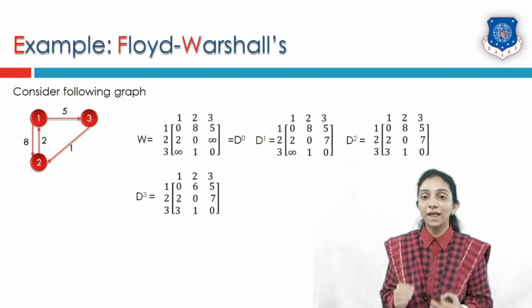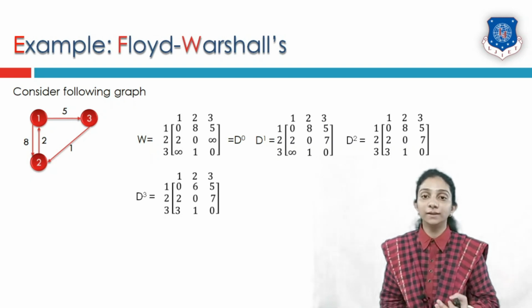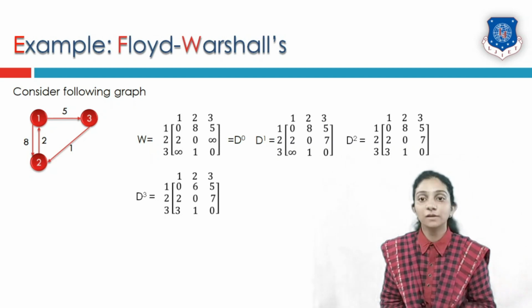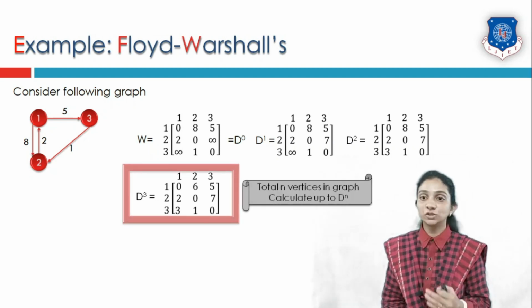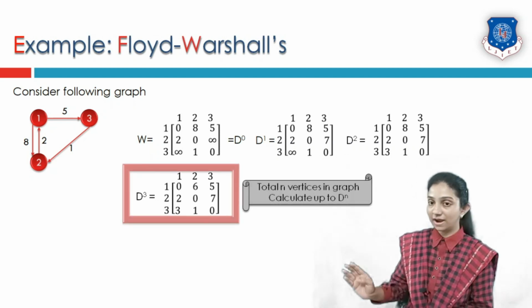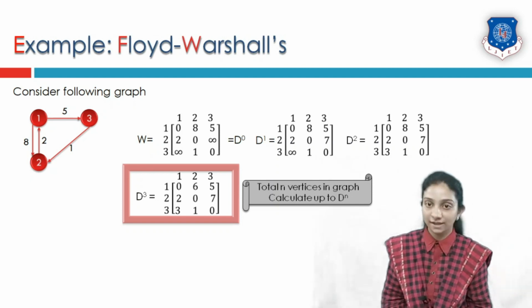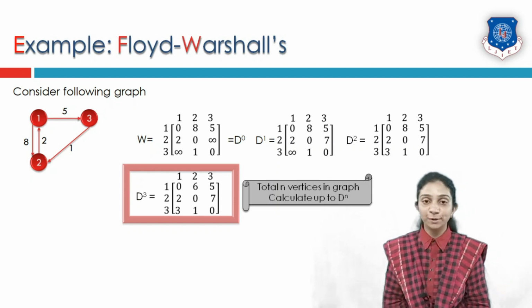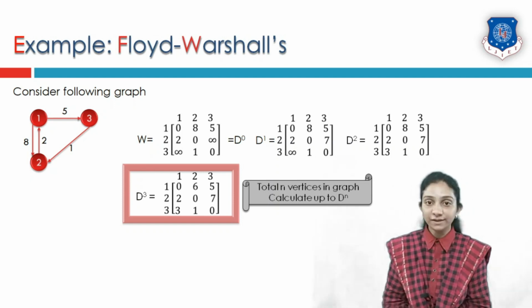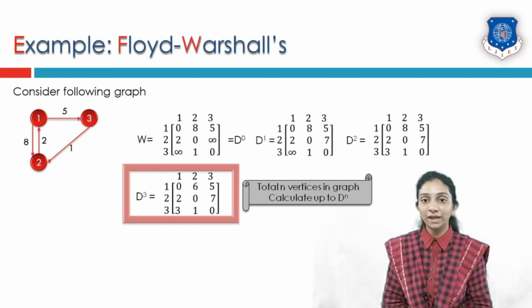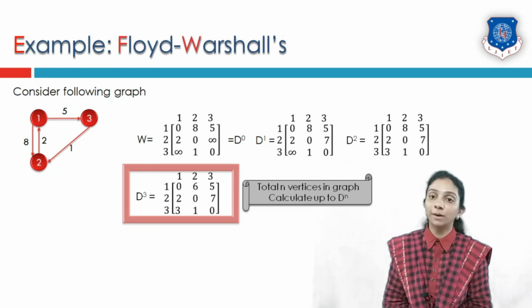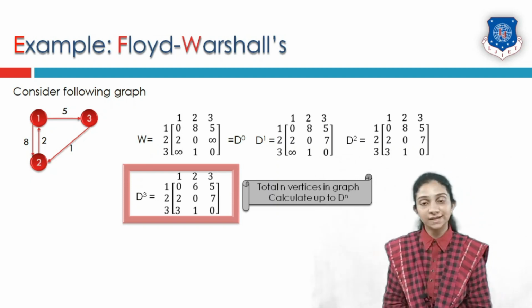Now up to what level we have to calculate these distance matrices? So answer is, if there are total n vertices in a graph, we have to calculate distance matrix up to nth level. As in this particular example, there are only 3 vertices, so we will calculate up to distance matrix number 3, which is the result itself.